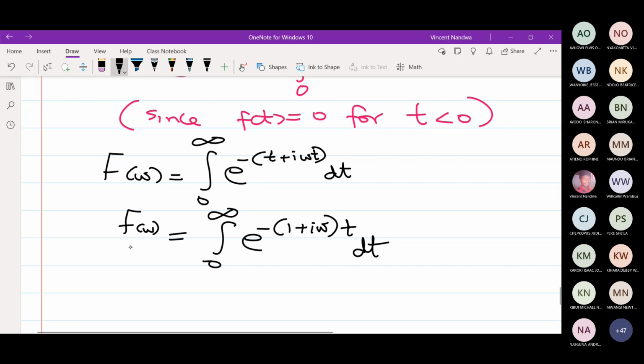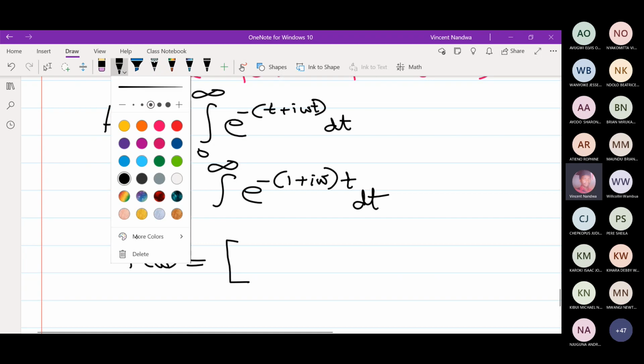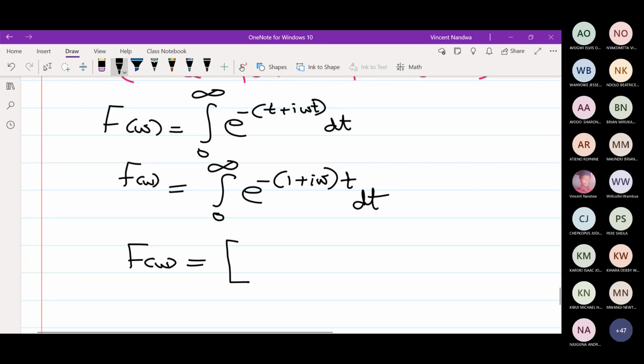And this integral will give the integration of e power negative (1 plus i omega) t. Use u substitution. What value do you get?